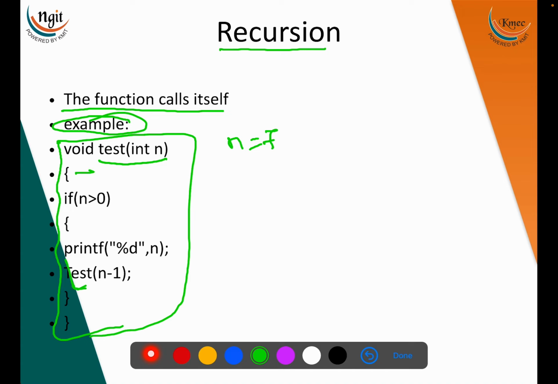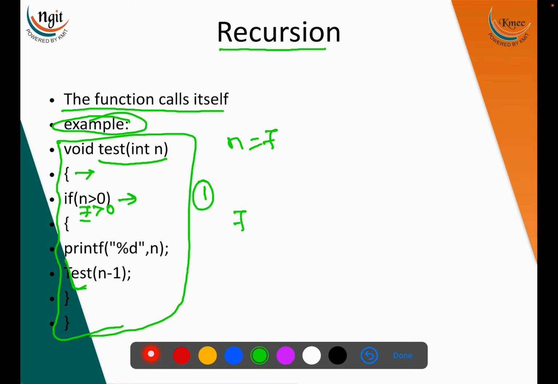When the n value is 7, we come to this statement. 7 is greater than 0, the condition is true, so it will get inside the block. printf "%d", n. What is the n value? 7. So 7 is going to be printed in the first iteration.